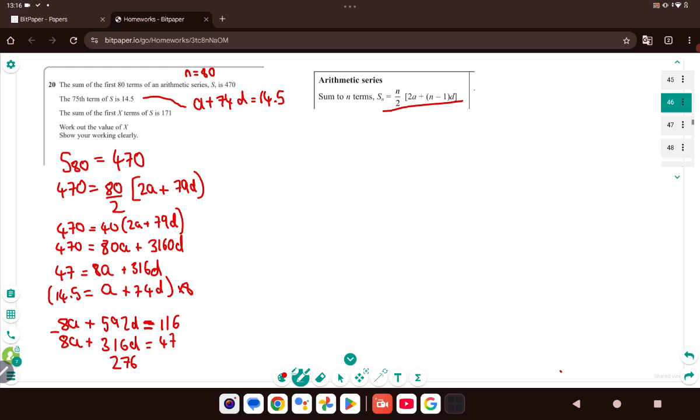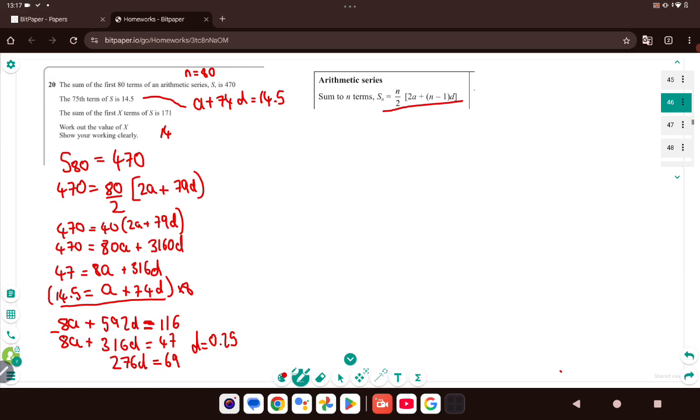276d equals 69. Divide both sides by 276, which gives us d is 0.25. I sub that back, which I'm going to do over here because I'm going to be short of space, into this equation here before I've timesed it by 8.